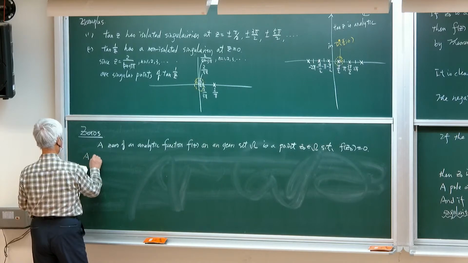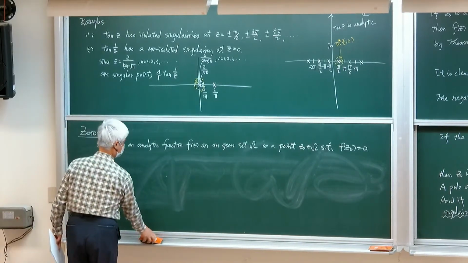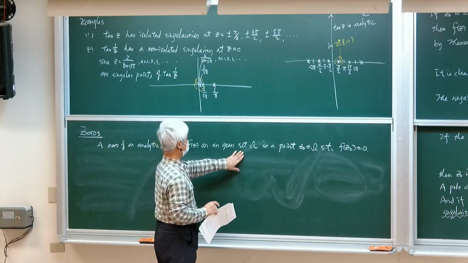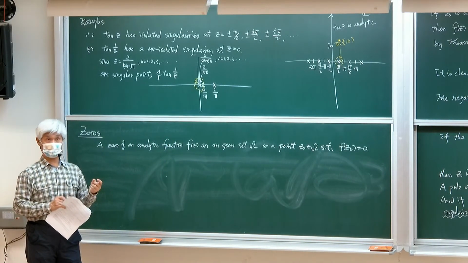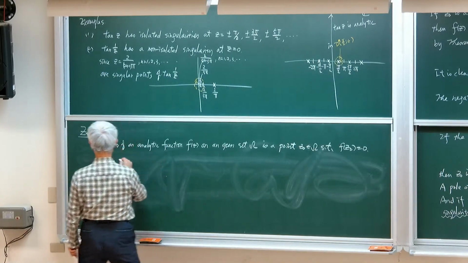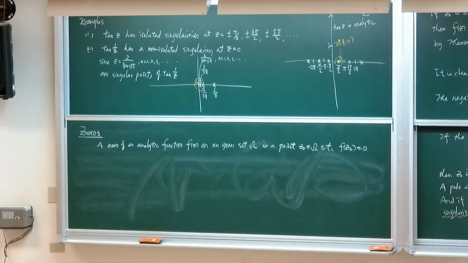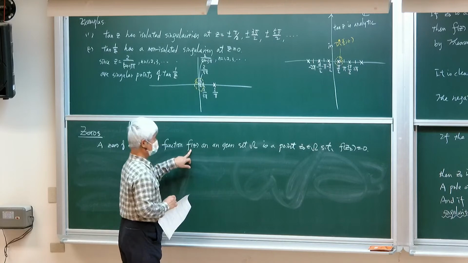And because f of z is an analytic function on an open set, as we know, an analytic function is representable by power series expansion. So f has its derivatives at z0.